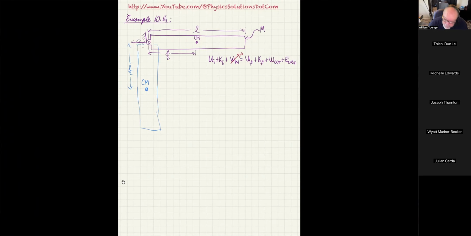We don't have any springs being compressed to project it out. So this W out is also zero, and we're ignoring air resistance and friction, which might be a result of the actual axle. Not only that, I'm going to assume that the potential energy at the bottom is zero, and I'm going to say the kinetic energy at the top is zero because we're allowing it to drop.